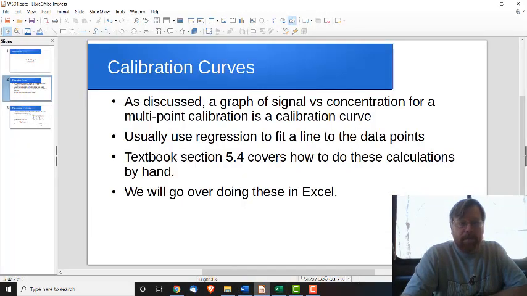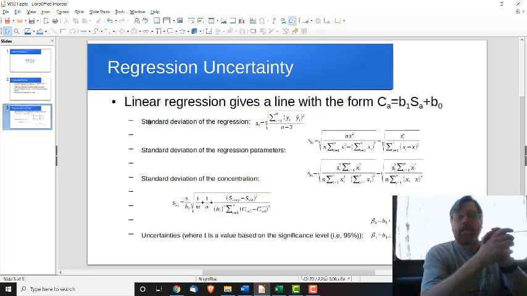So let's look back at our presentation here, sorry. Another thing we want to talk about that they covered in this chapter is a little bit about uncertainties, the uncertainty associated with the regression.